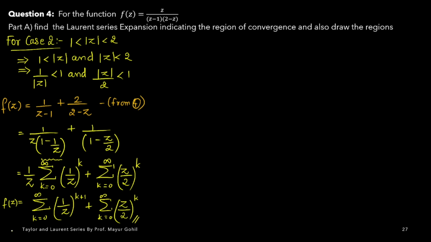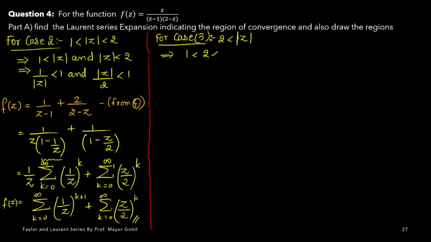Now let us go for case number 3. 2 is less than mod z. Now, what is the meaning over here? It means that 1 is less than 2 and 2 is less than mod z. So this means that 1 is also less than mod z. So now we have two meanings here, and this is very obvious that 2 is less than mod z.